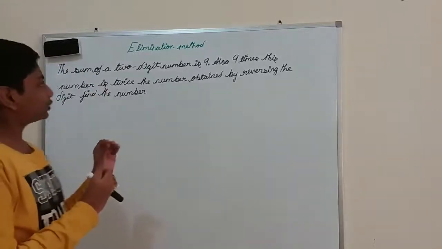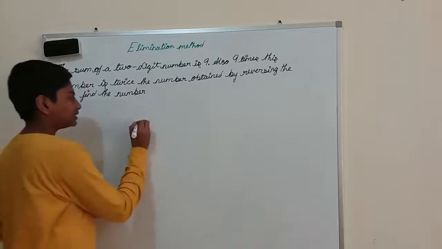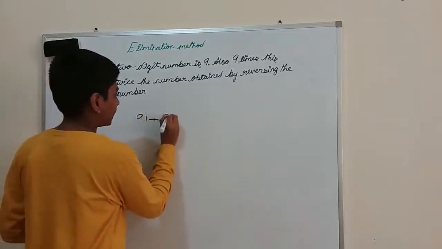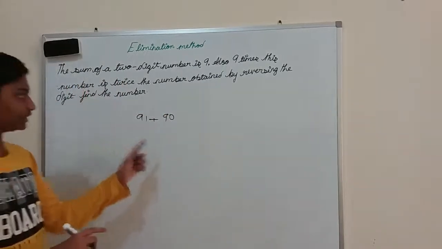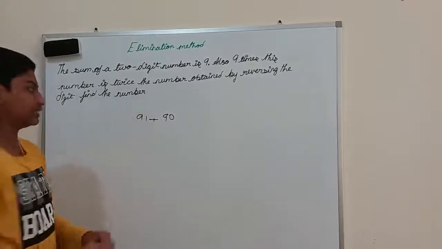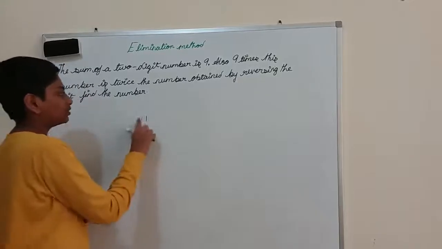The sum of the digits of a 2-digit number is 9. Here they told only the sum of the digits of a 2-digit number, so it will be a 1-digit number equal to 9.